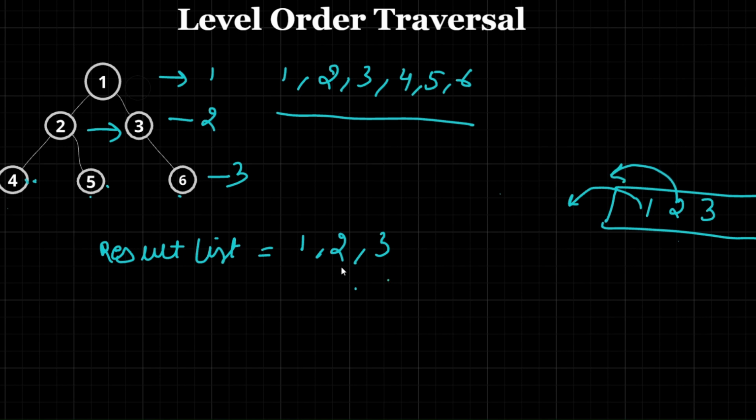When I'm removing 2, I will also add its children 4 and 5 here. So after 2 is removed, I add 4 and 5 as children. Then after that I will remove 3 and place it here in the result list, and then the child of 3 as well, that is 6. The same thing we will do for the other nodes as well, 4, 5 and 6.